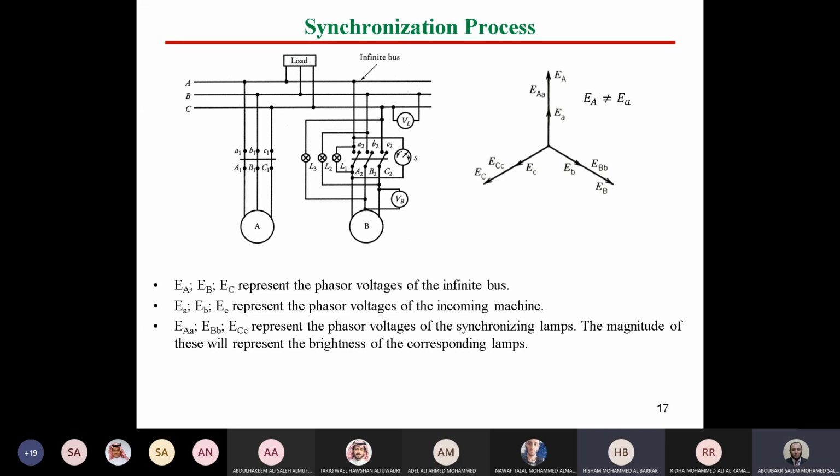Sorry, I have the last question, inshallah. What will happen if the two generators are not identical and not synchronized, and you connect them together? It's similar to a short circuit.